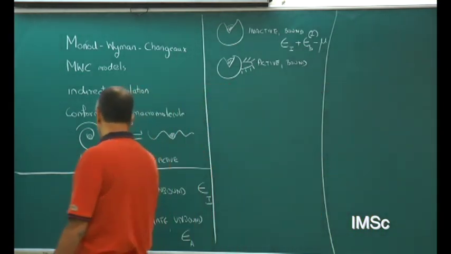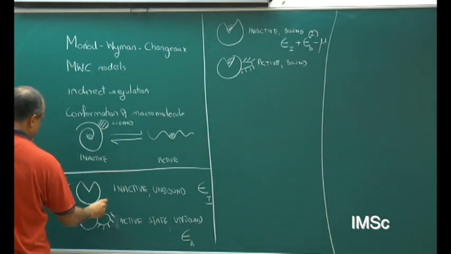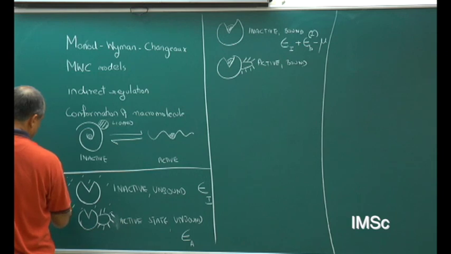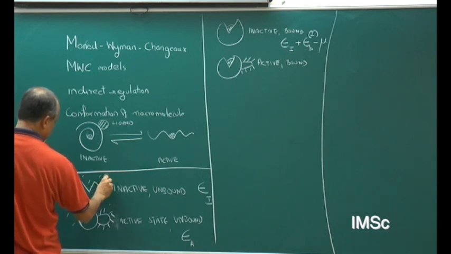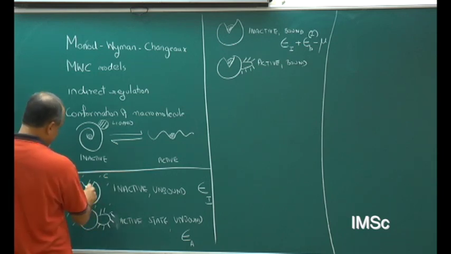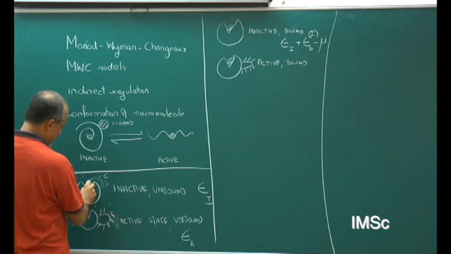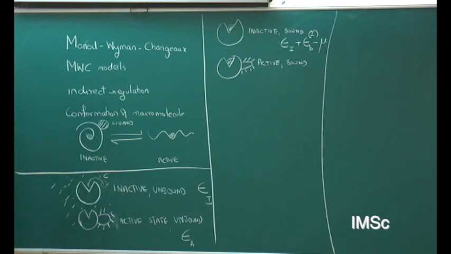So we imagine that these states are surrounded by some density of ligand, let that density be C, and these ligand molecules can hop from here onto that particular site.